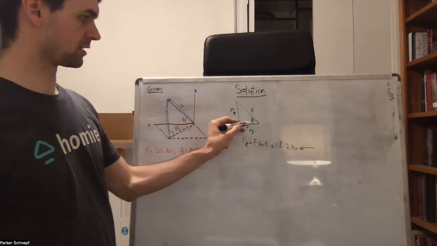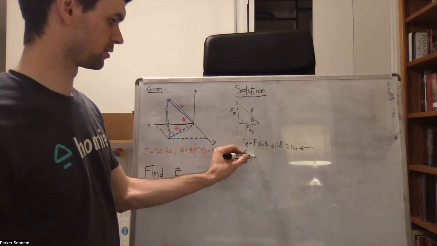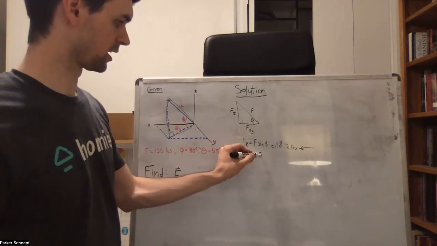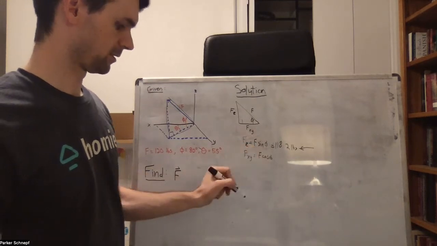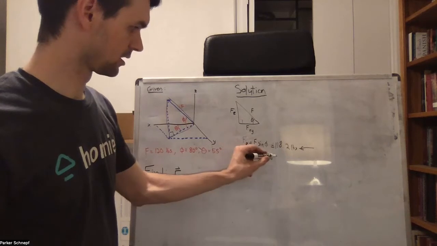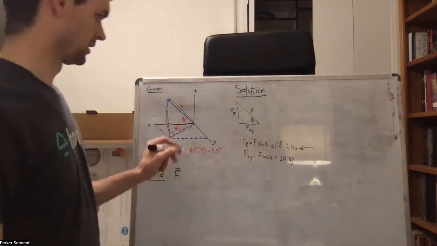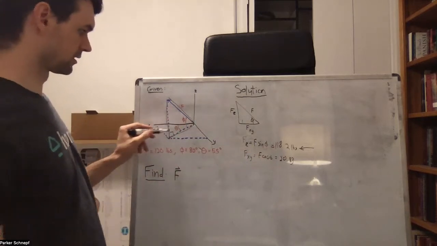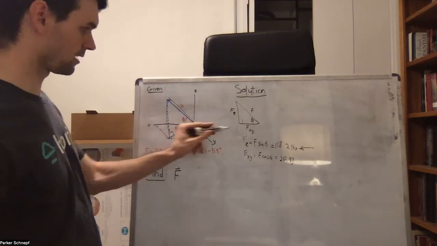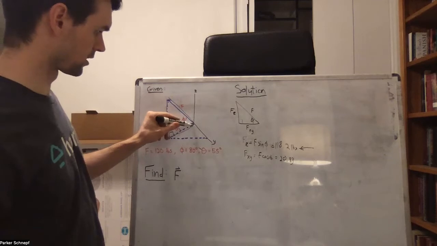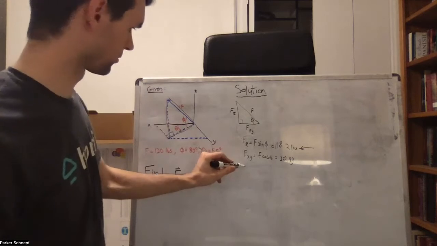And then this Fxy, which isn't a final answer we're looking for but an intermediate that helps us, is going to be F cosine phi, which, given our numbers, happens to be 20.83. So we've solved the upper triangle. Now we'll look at this lower triangle, where Fxy is the hypotenuse.